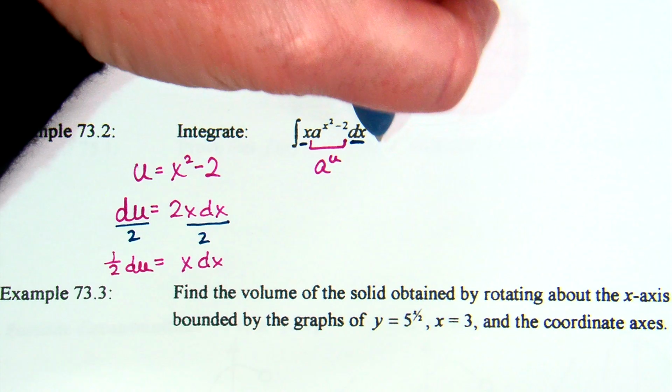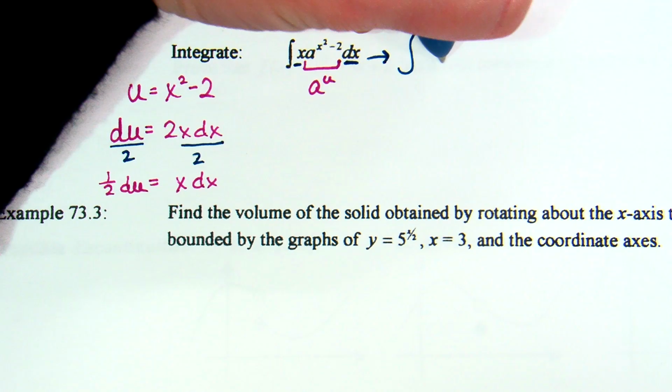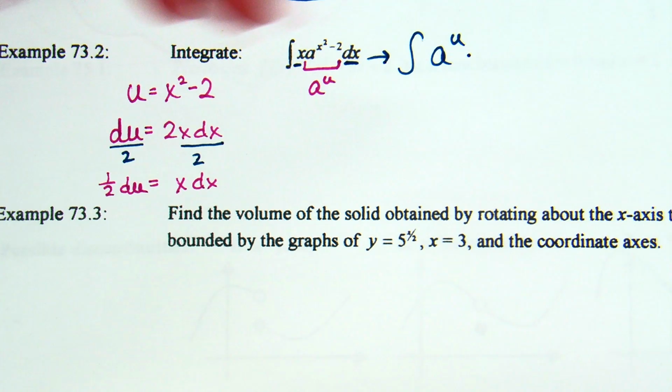Okay, so let's rewrite this integral. A to the x squared minus 2, I am going to rewrite as a to the u. In other words, a to a power. What about x dx? What is x dx going to be replaced by? Du over 2, 1/2 du, whatever makes you happy there, right?